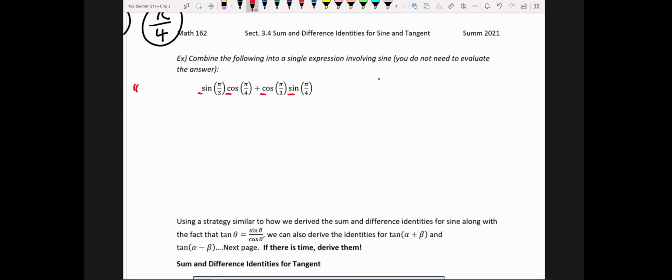Sometimes we need to rearrange terms here before we get the identity. But here it's already in that order. And then we have first, second, first, second. So applying the identity from expanded form to the condensed form, we have sine of first plus second.